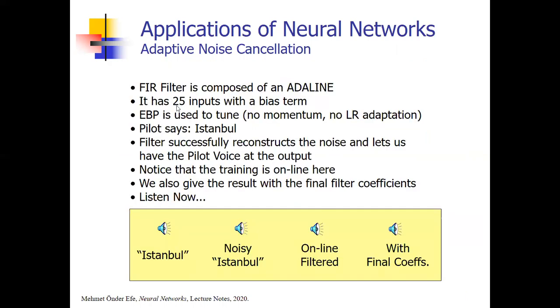And it has 25 inputs. Those 25 inputs are the signal and its delayed values. You take 24 different successive delayed values, and the 25th one is the current one. The 26th one is the bias term, and you tune those 26 parameters and obtain this online filtered pilot voice.